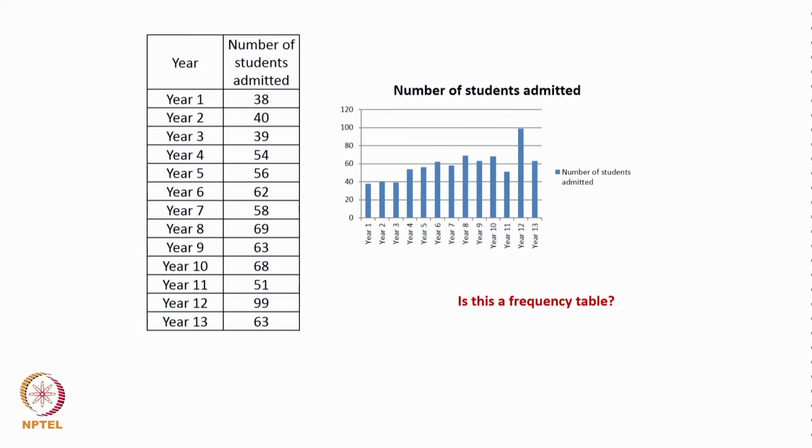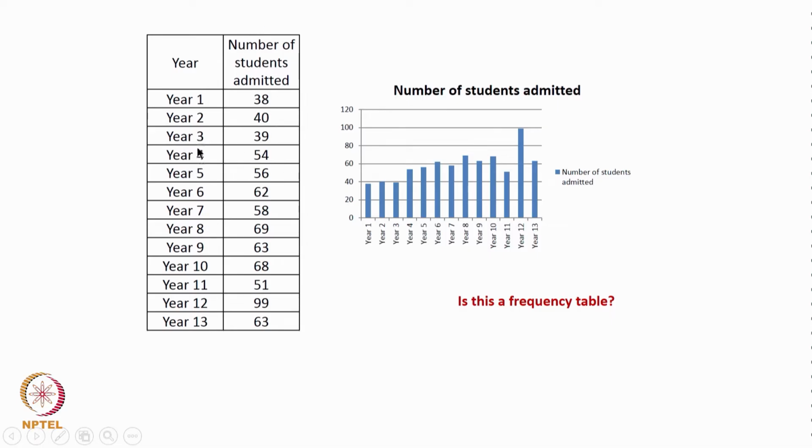Now, let us say that we have collected data for about 13 years on the number of students admitted to an MBA class, and the data shows that in year 1, 38 students were admitted, while in year 13, 63 students were admitted. Now, in this table, the variable that we want to look at is the number of students.